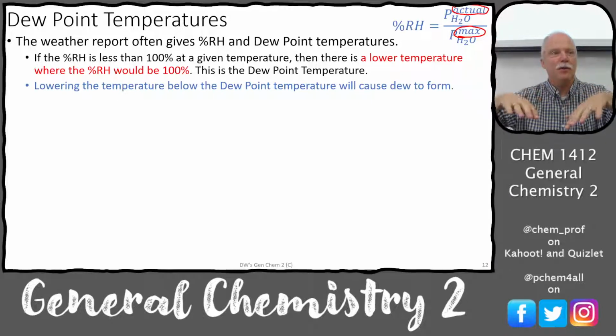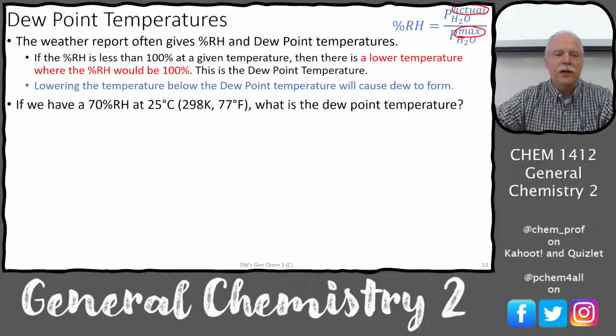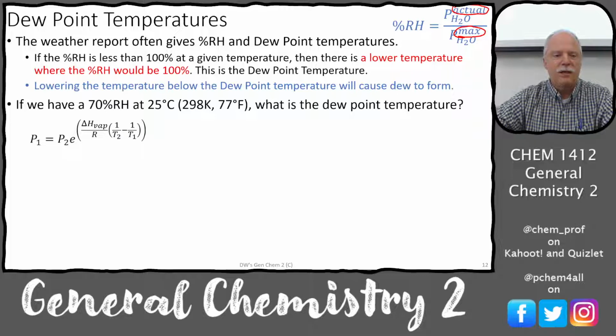If we go to 64, then we would have dew form. So if we have, in this example, 70% relative humidity at room temperature, what's the dew point temperature? So the same equation, the Clausius-Clapeyron equation, only now we're trying to dig way in here. We're trying to get to T1. Okay.